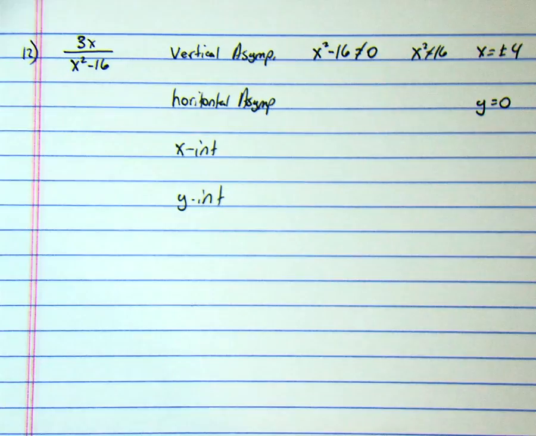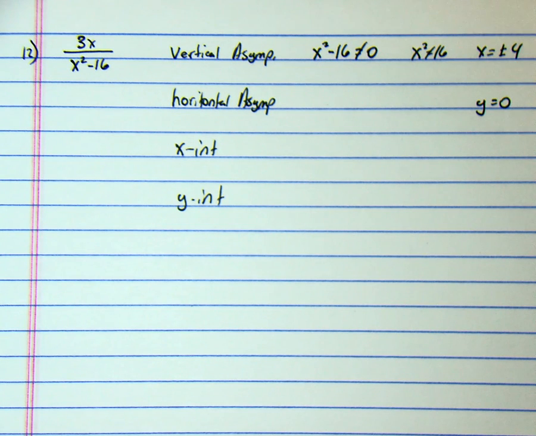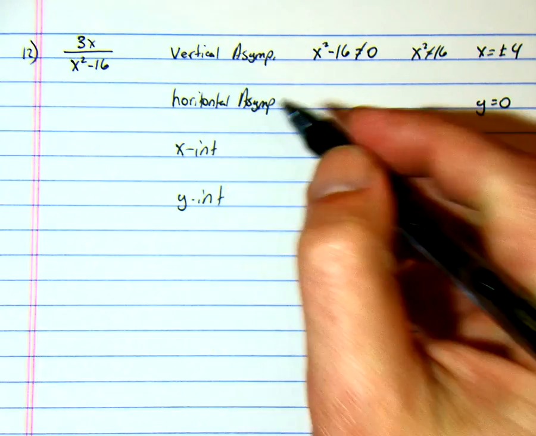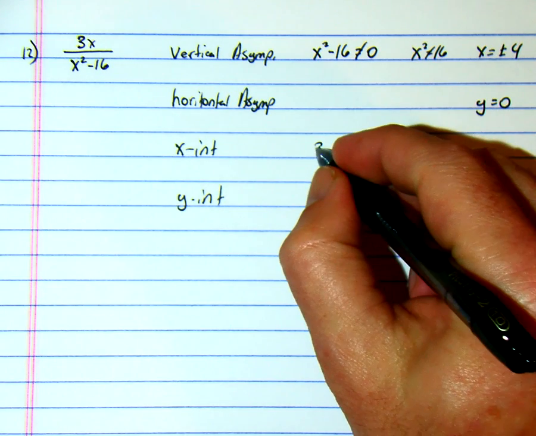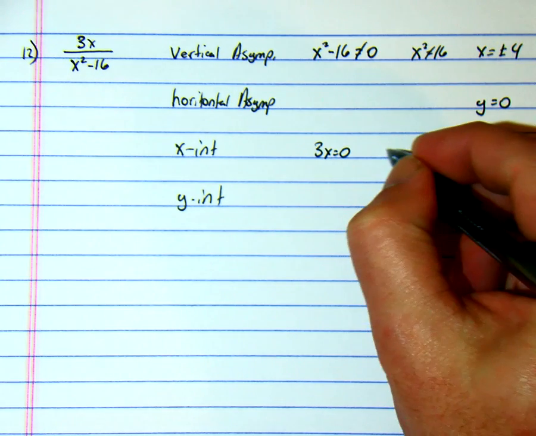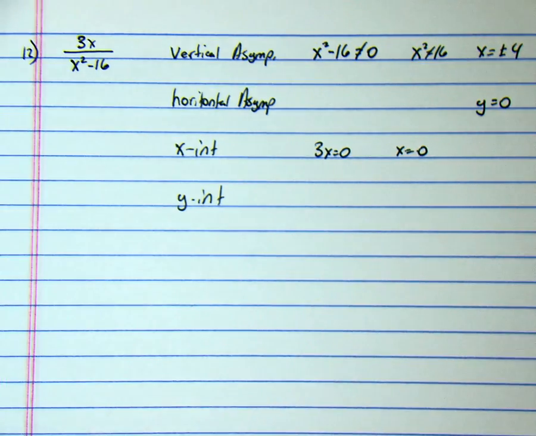My x-intercept, remember, is where my numerator equals 0. And my y-intercept is going to be the ratio of constants.